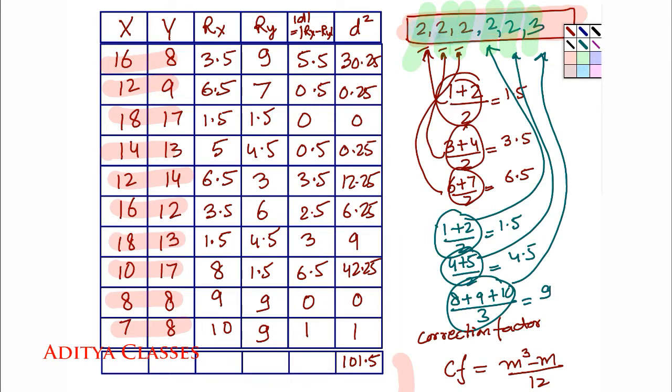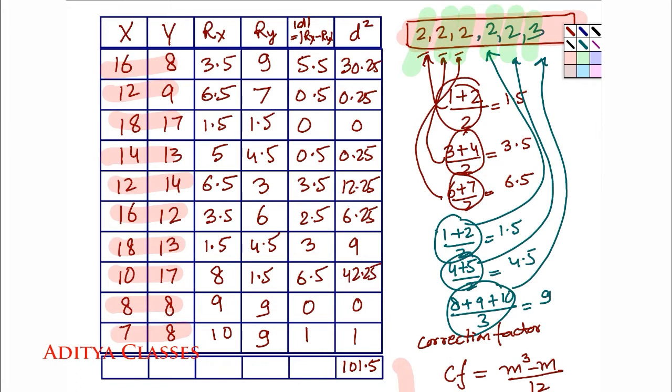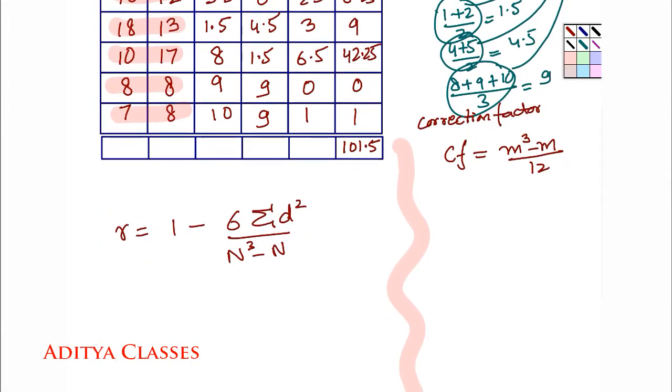So 5 times I'll apply a correction factor for 2, and once I'll apply a correction factor for 3. Now what is this m? m is the number of tied ranks.